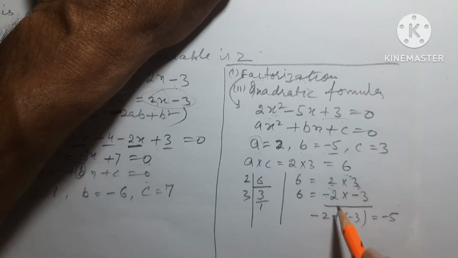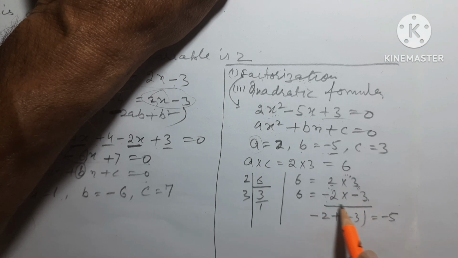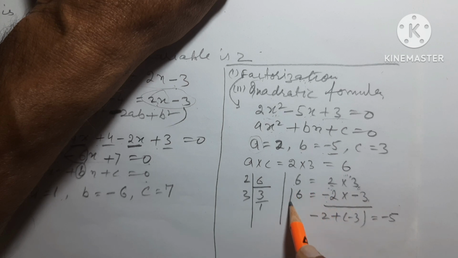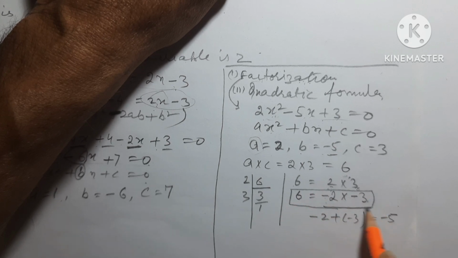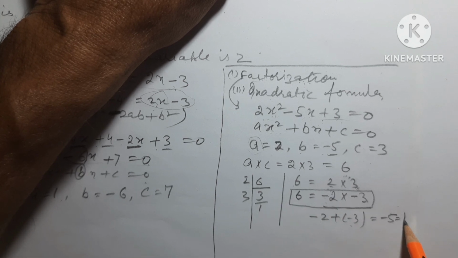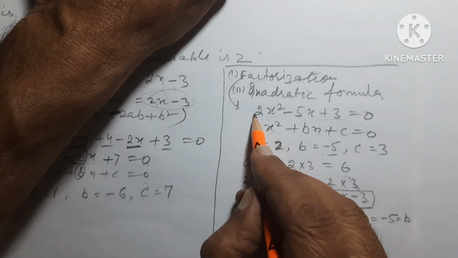So these minus 2 and minus 3 are the factors which satisfy the two conditions: their multiplication is equal to a into c and their addition is equal to b. So these are the required factors of this quadratic equation.